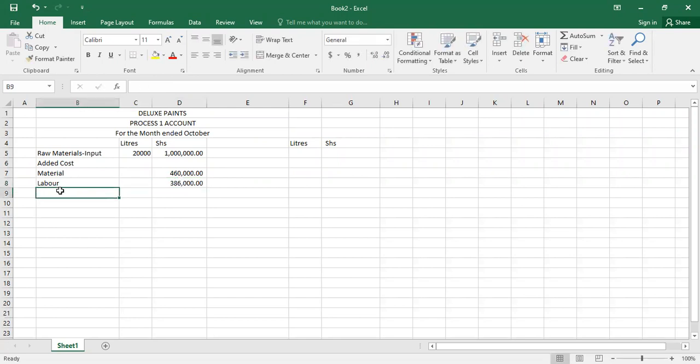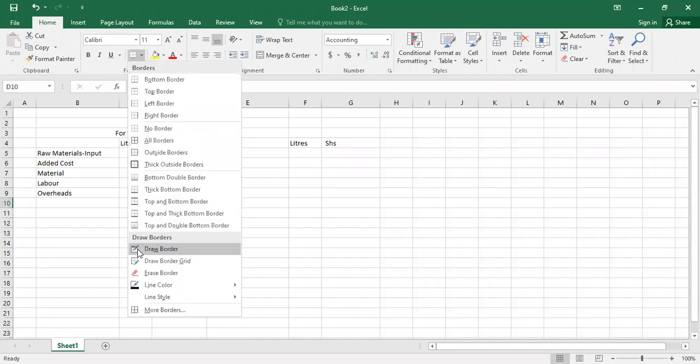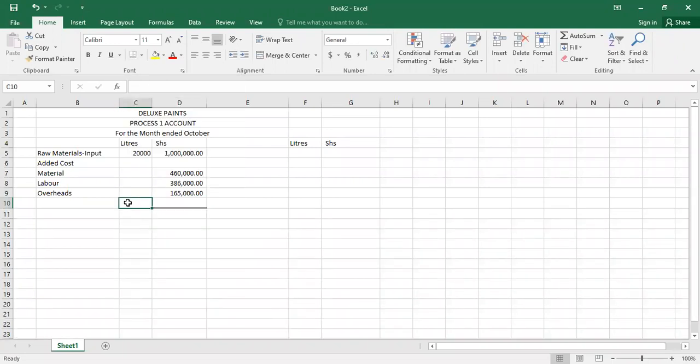Then we have the overheads, 165. That's all the cost that we have, right? Yes. So we can close that account. No big deal.